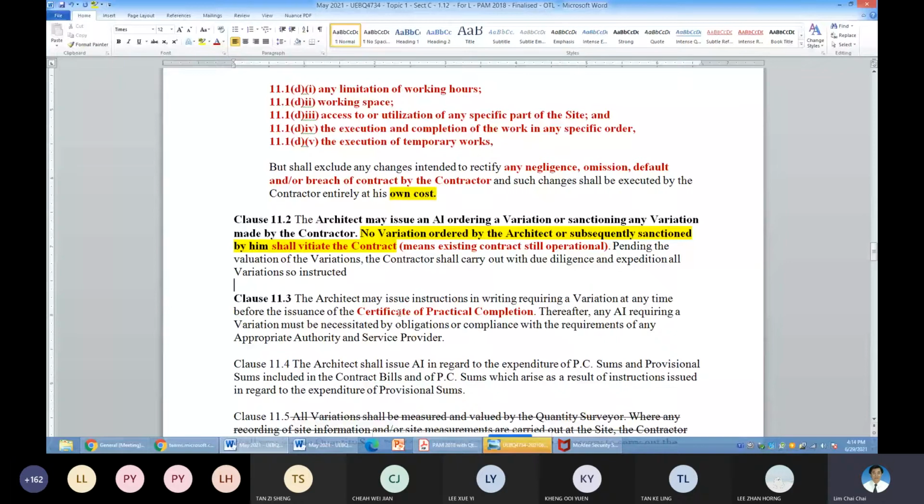Once the CPC is issued, most of the time, a VO for the project cannot be issued anymore.